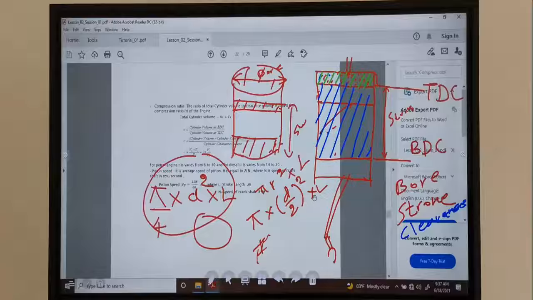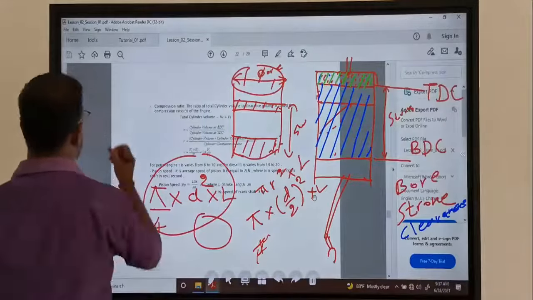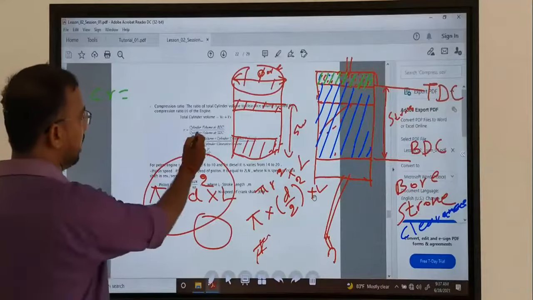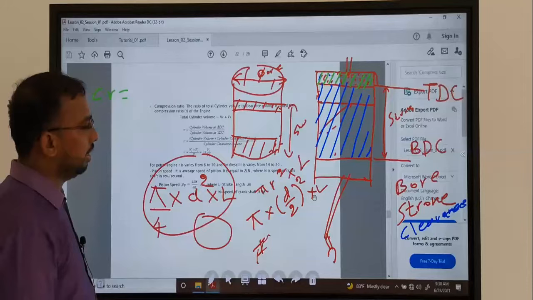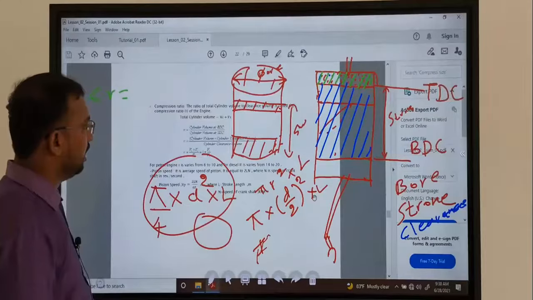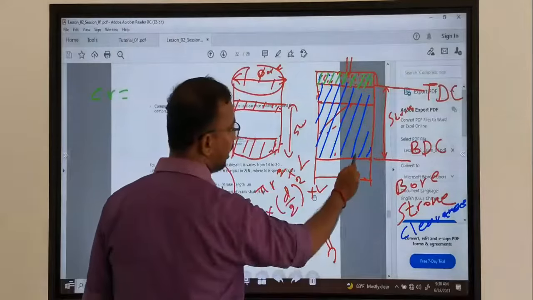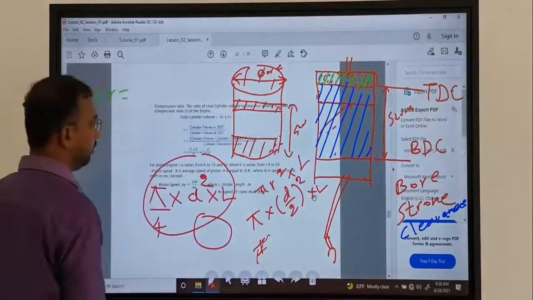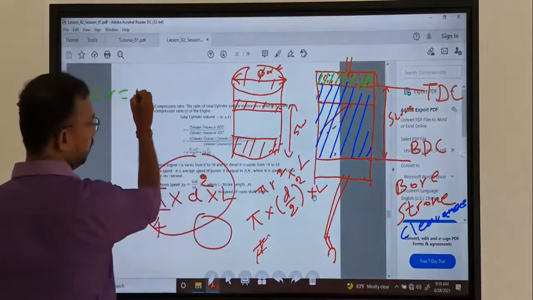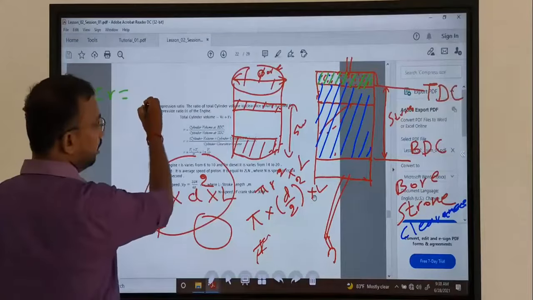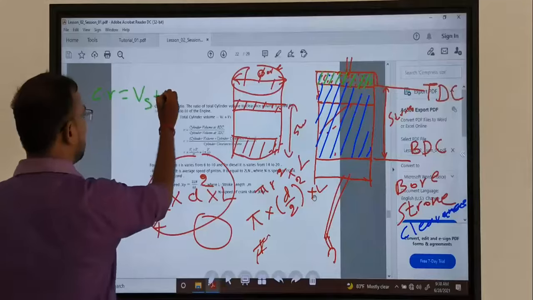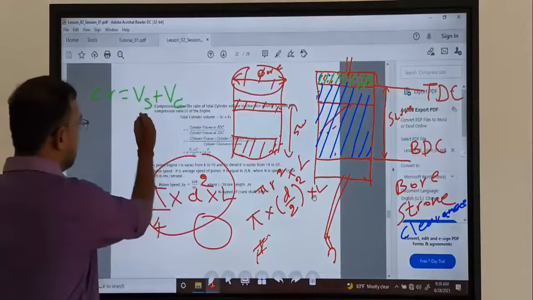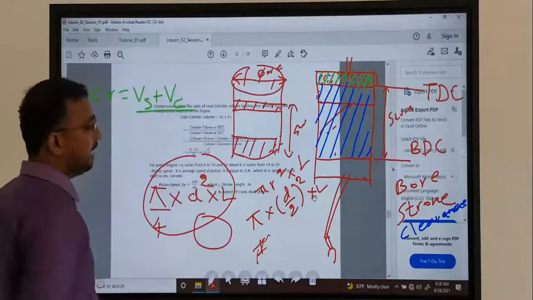So you know the words, now the compression ratio. Compression ratio means the cylinder volume at BDC divided by the cylinder volume at TDC.